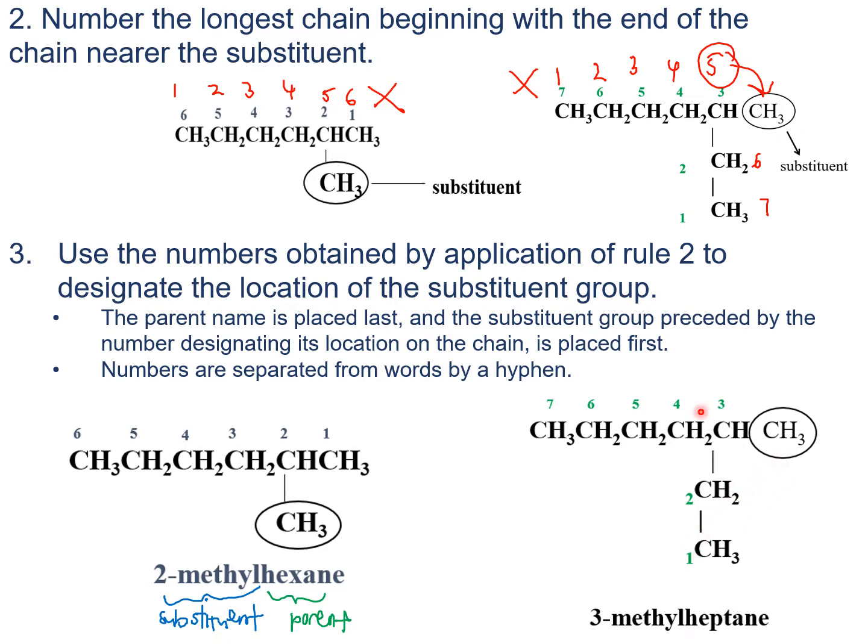And bila you nak namakan full name of this organic compound according to the IUPAC nomenclature is going to be 3-methyl heptane. Okay, substituent dengan parent dapat. Nombor bila nak pisahkan between nombor dengan abjad kena ada hyphen.